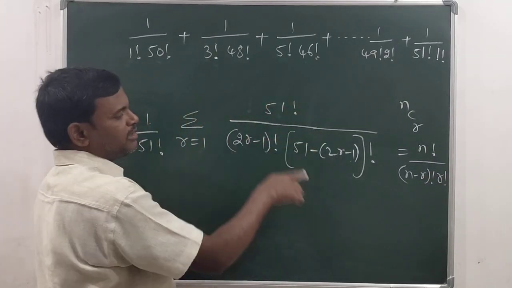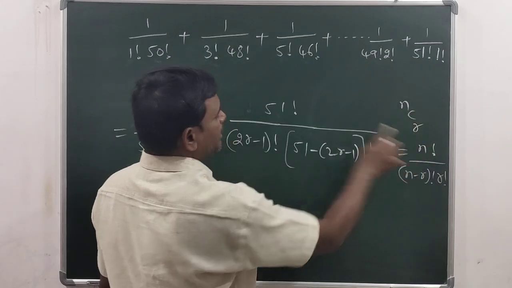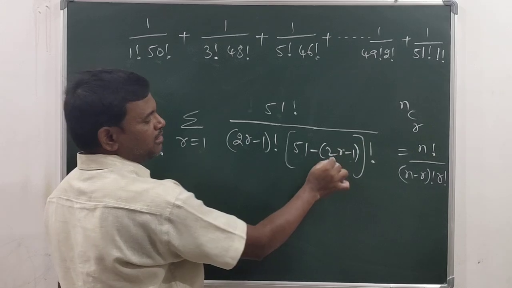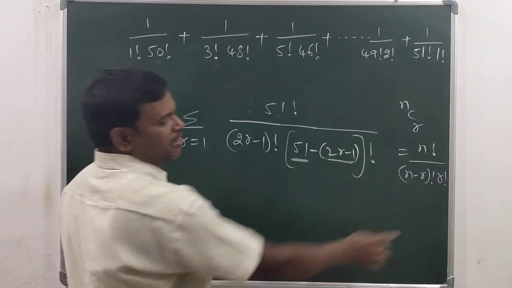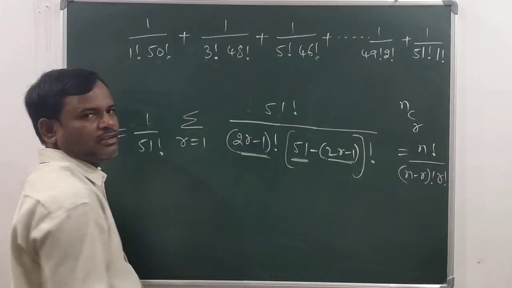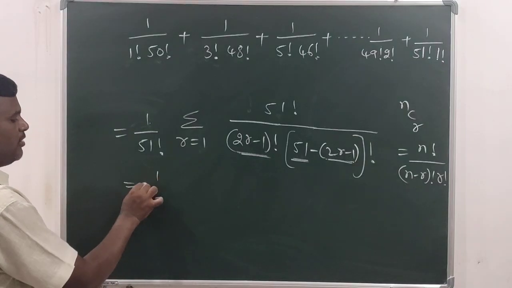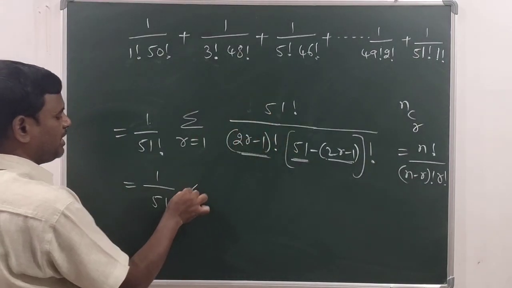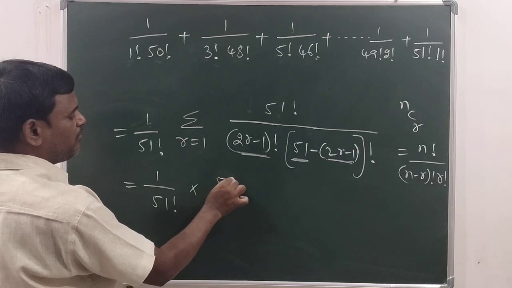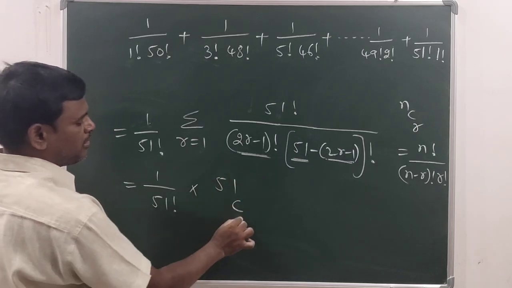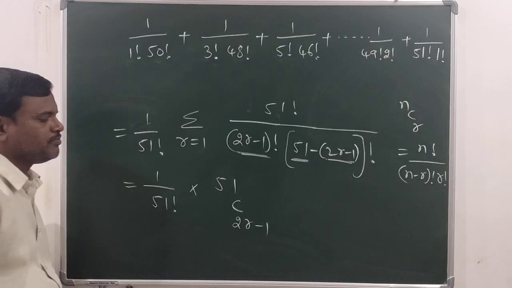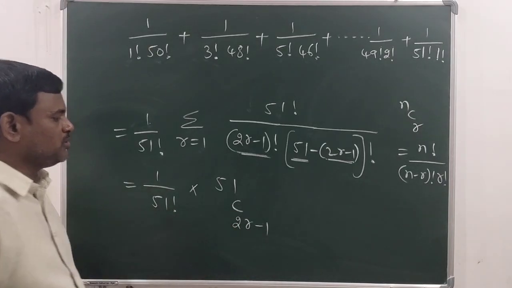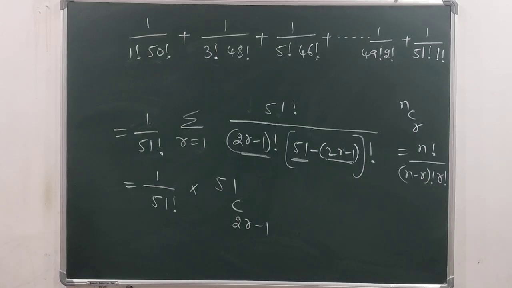So this looks like this formula. N is 51, n minus r, this is r, this is n. So what do you write that? 1 by 51 factorial into this total thing can be written as, n value 51, C (2r minus 1). This is r. Okay students. Right.